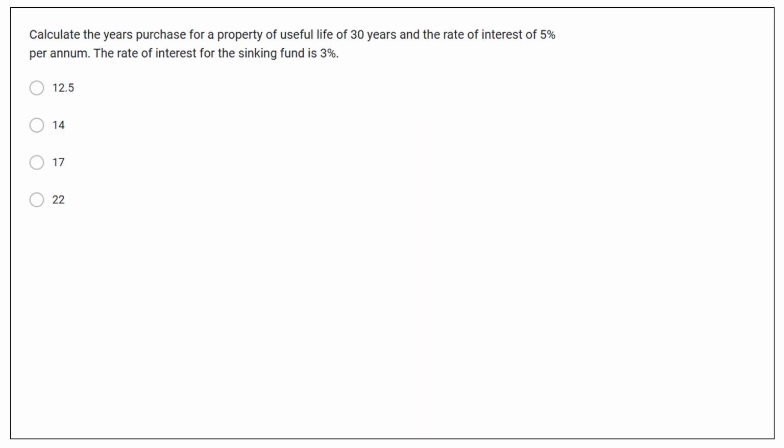Then next question. Question number 18. Calculate the year purchase for a property of useful life of 30 years and the rate of interest is 5%. Useful life is 30 years, means n equals 30 years. Then the rate of interest is 5%, i equals 5%, which equals 0.05.